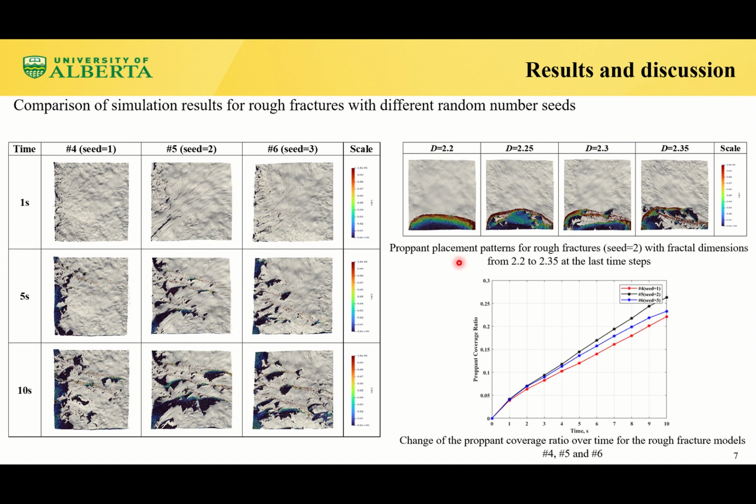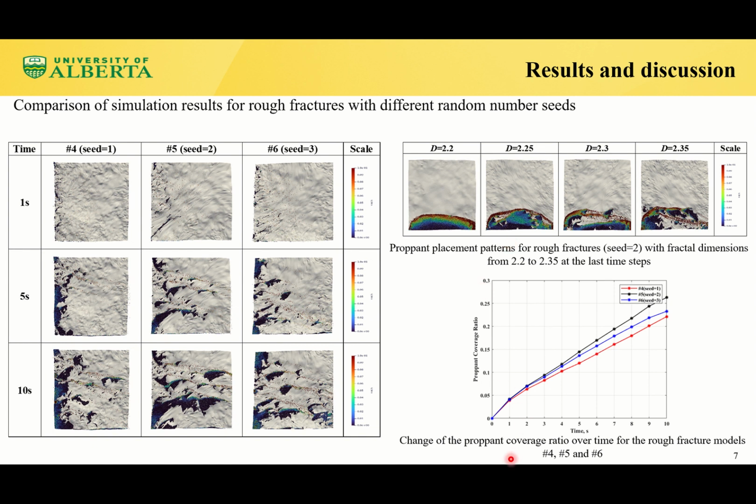This shows proppant placement patterns for rough fractures with random number seed 2 and different fractal dimensions from 2.2 to 2.35. Similarly, when the fractal dimension increases to 2.25, there is a gradual transition from the regular sand dune to the irregular sand dune.